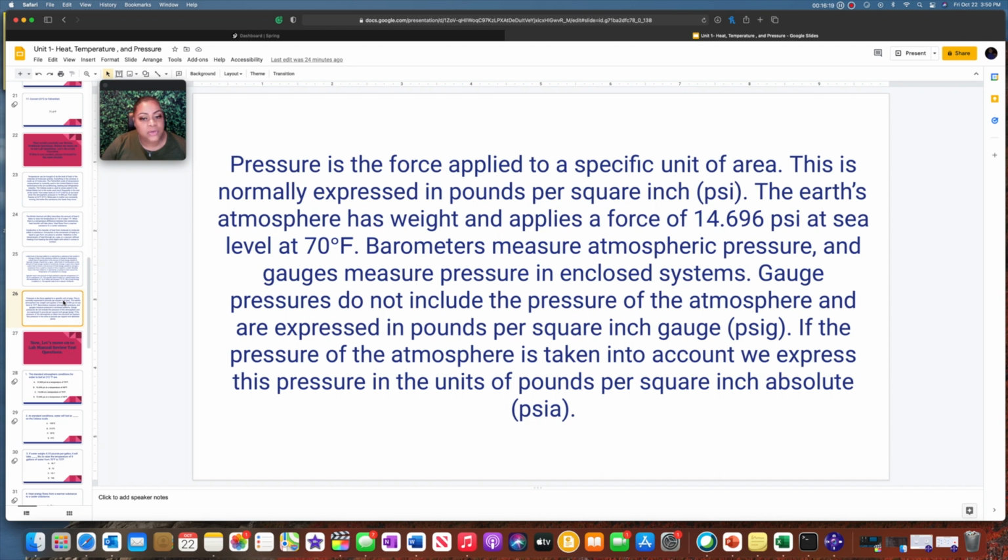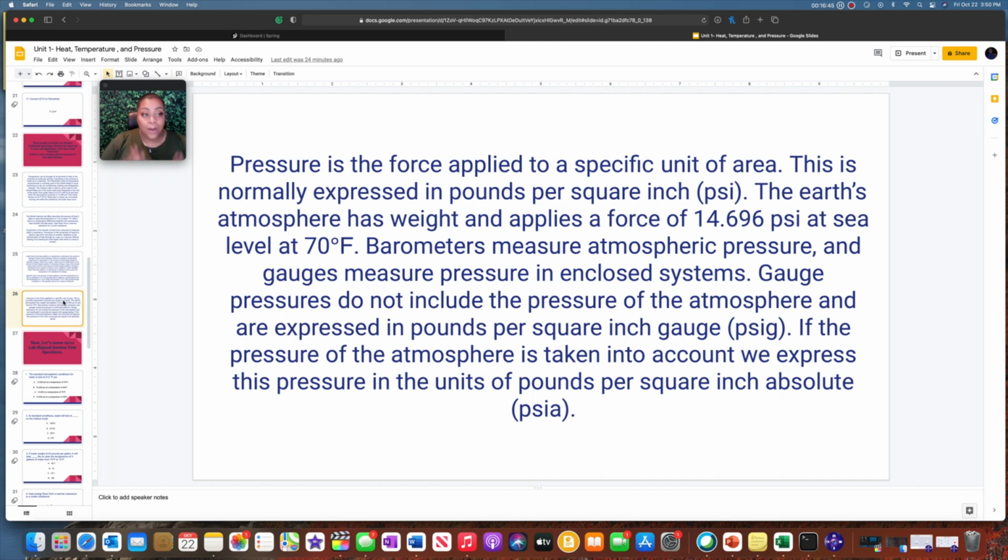Gauge pressures do not include the pressure of the atmosphere and are expressed in pounds per square inch gauge. If the pressure of the atmosphere is taken into account, we express this pressure in pounds per square inch absolute, which is PSIA.